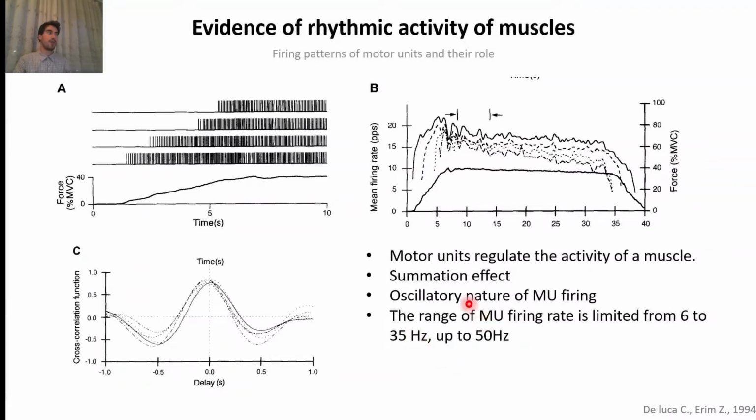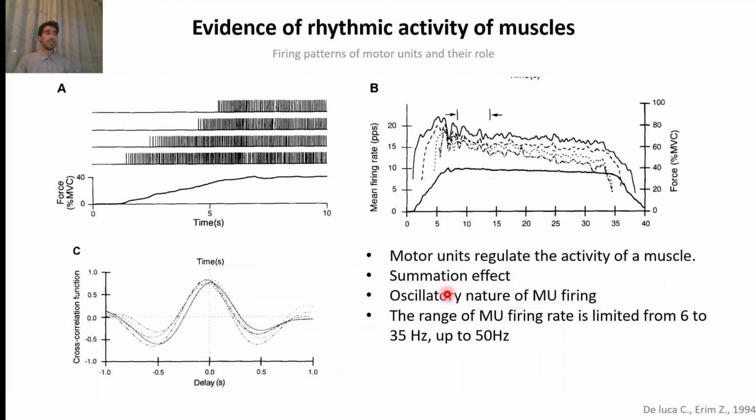In this experiment, you can see that depending on the force that you want to exert with your muscles, in terms of percent of maximum voluntary contraction, you have a summation effect of different motor units, and you can see that more motor units are recruited.